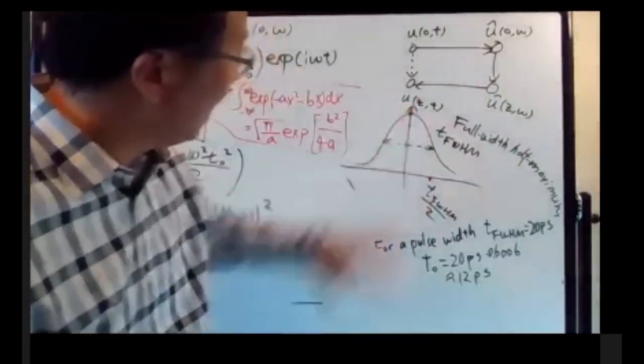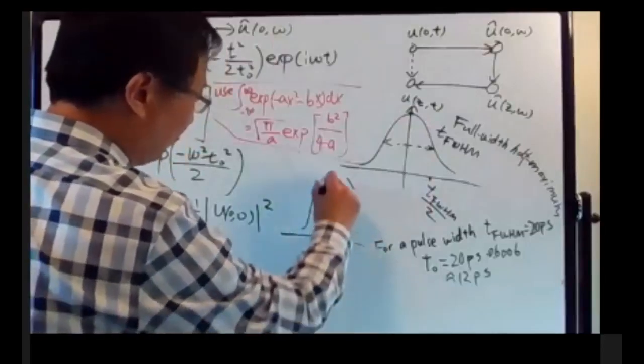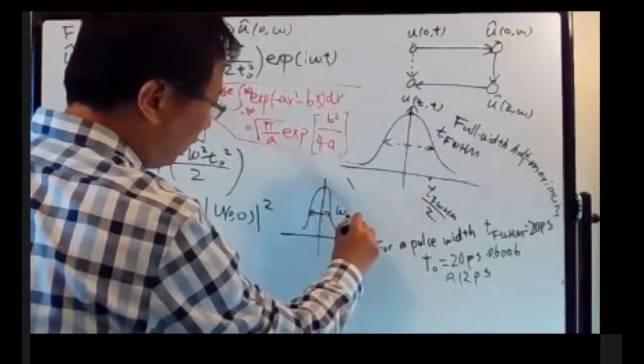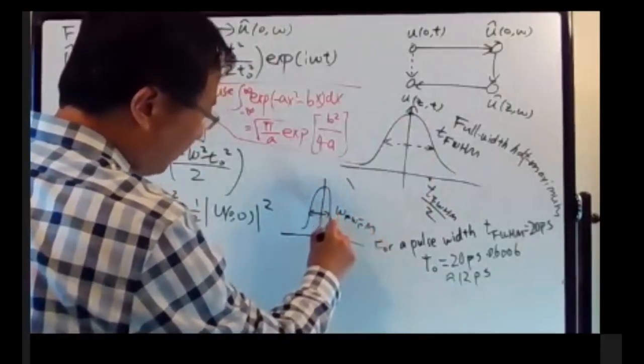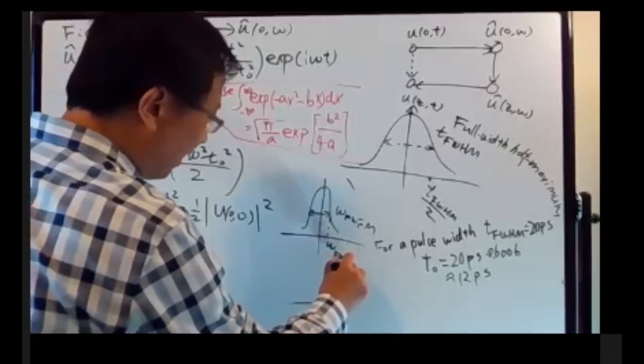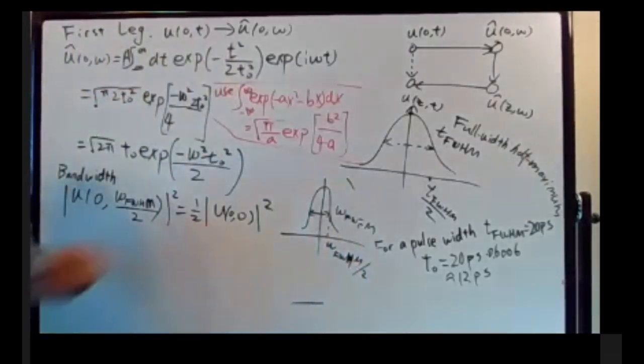This is time domain; you plot the frequency domain, whatever shape. So this is also omega full width half maximum, and at omega full width half maximum over 2, this is the half in power.